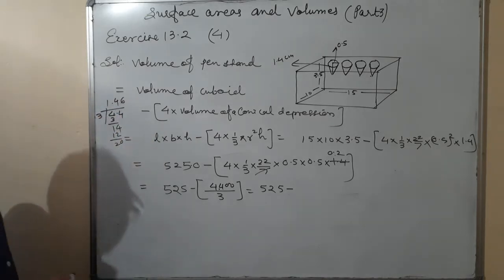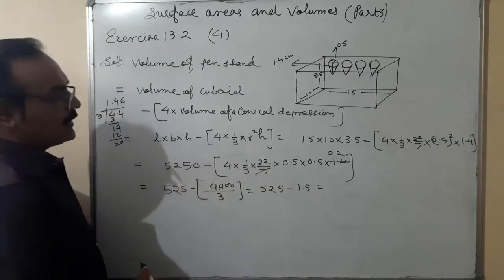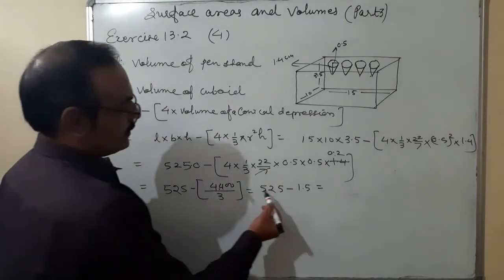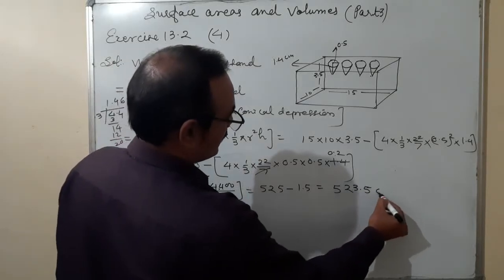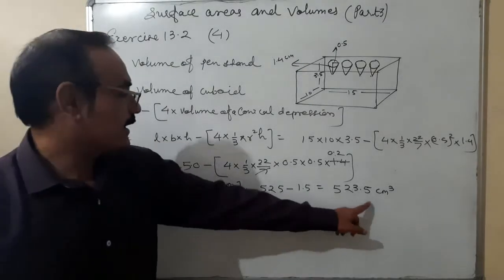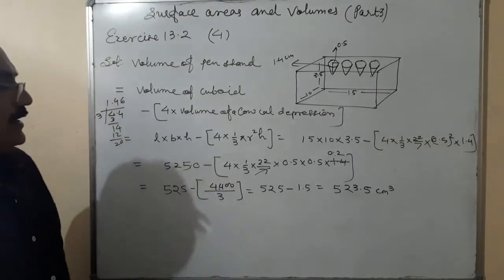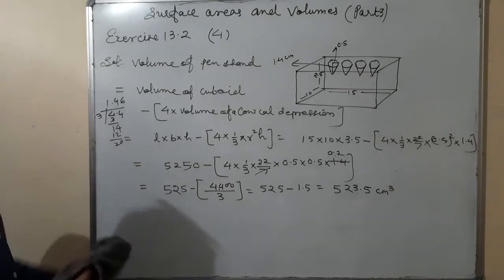So approximately 1.5. 525 minus 1.5 is 523.5 centimeter cube. So that is the volume of the pen stand.